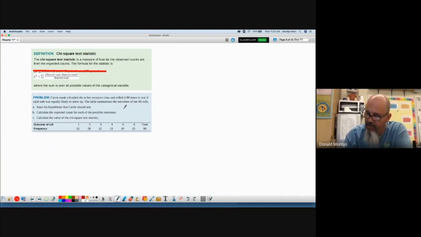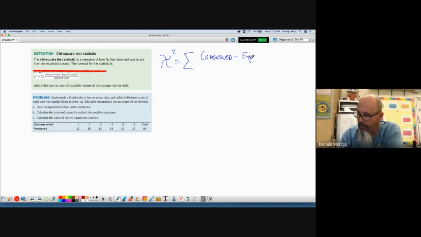Okay? And this chi-squared test statistic, the formula that's going to be in your formula packet that you're going to be using for all your tests, is going to say the summation of the observed minus the expected squared divided by the expected.